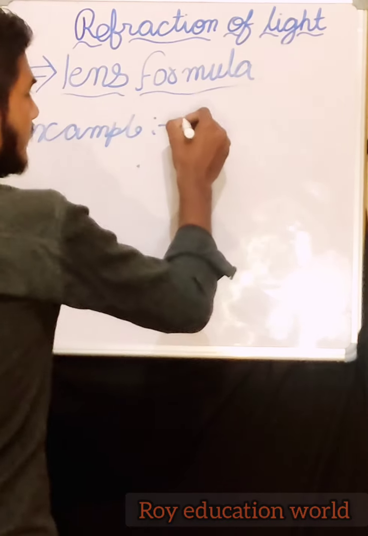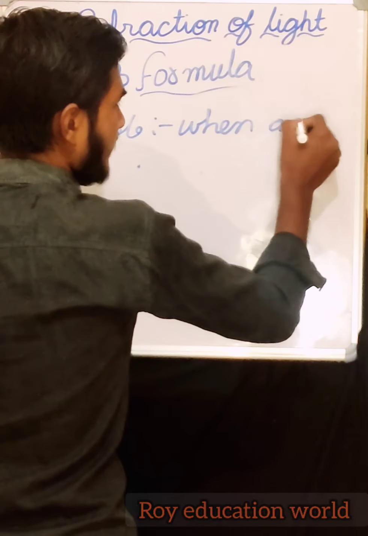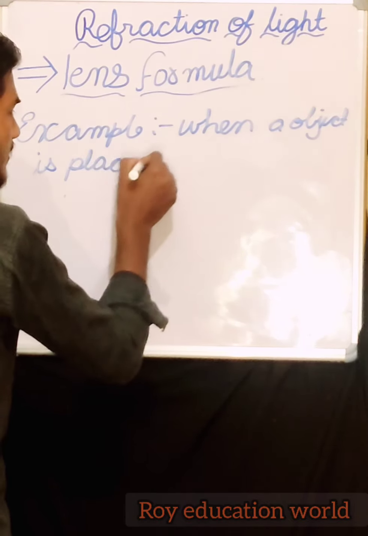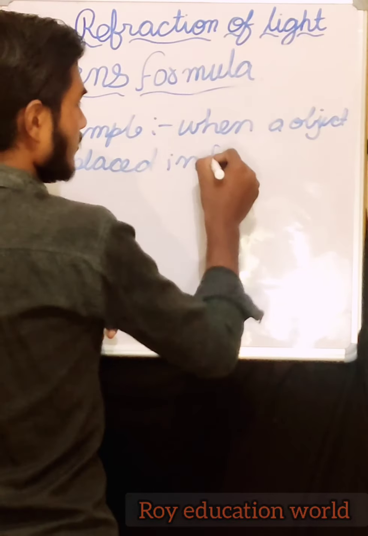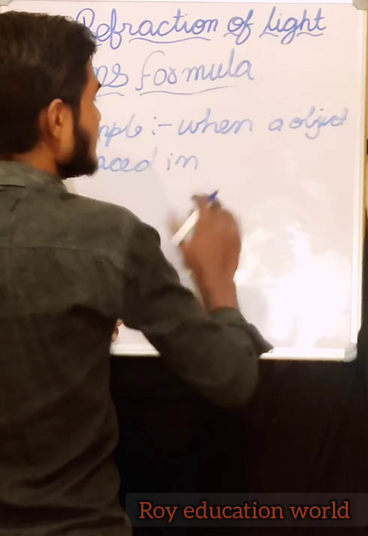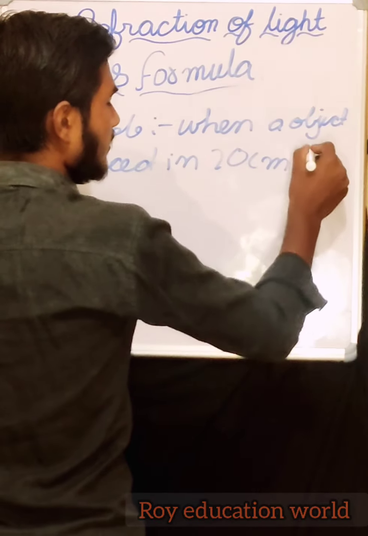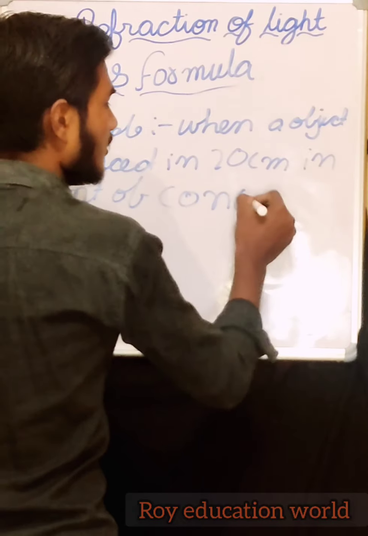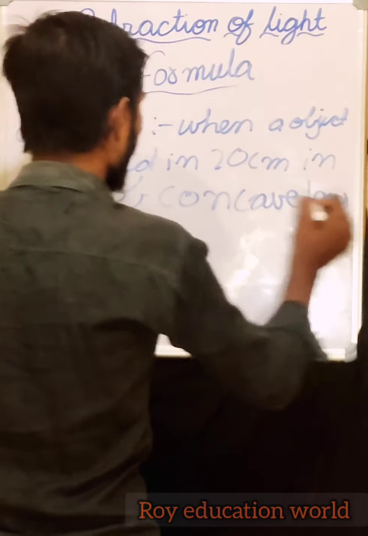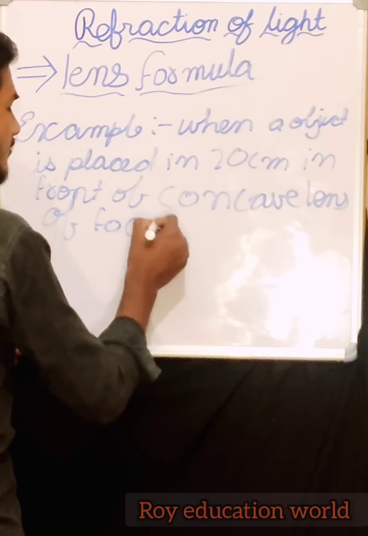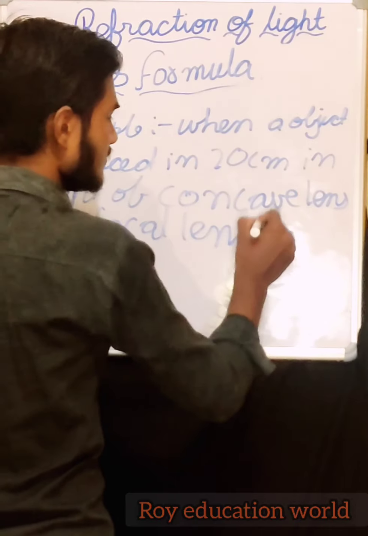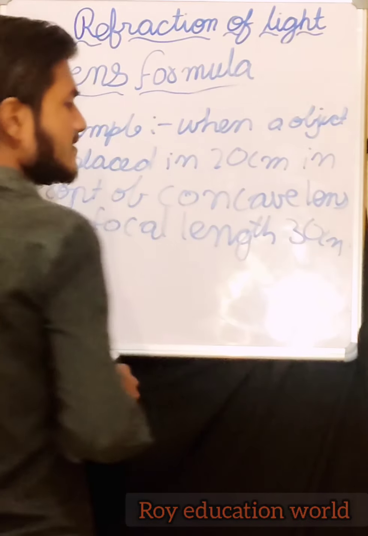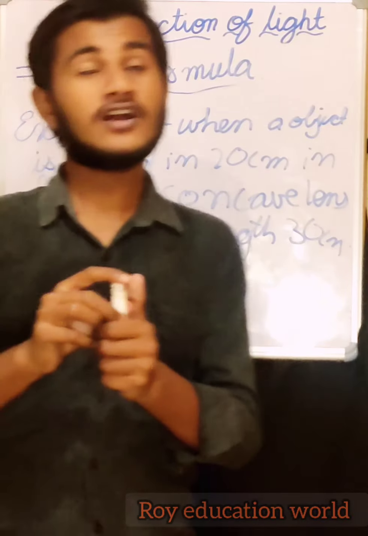Example: when an object is placed 20 centimeter in front of a concave lens of focal length 30 centimeter.